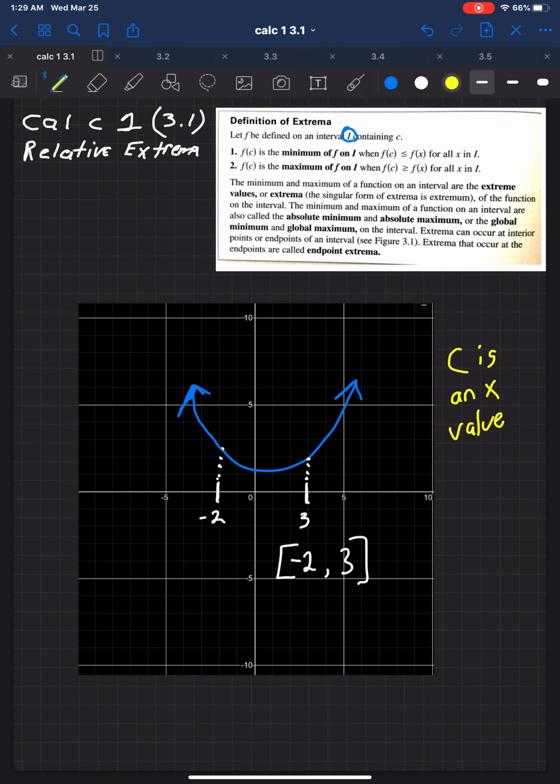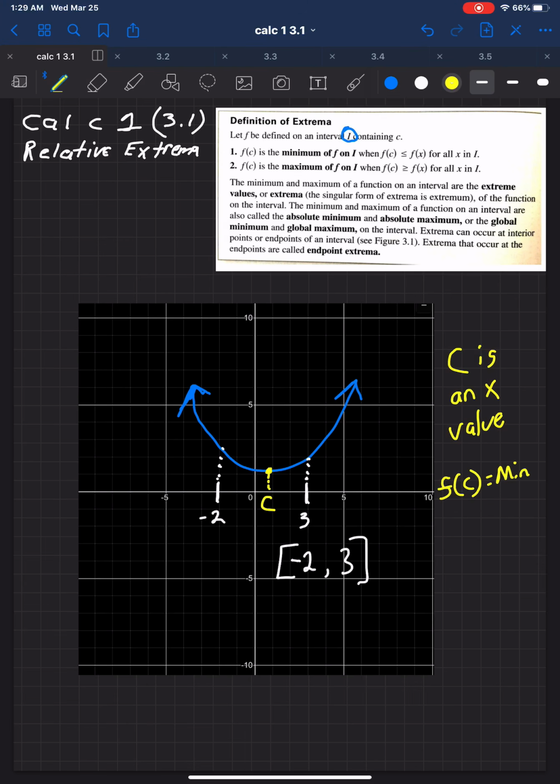It says f of C is the minimum on the interval I when, ready? So let's just say that right here, here's C. So when do we get to say that f of C is a min, it's a minimum value?